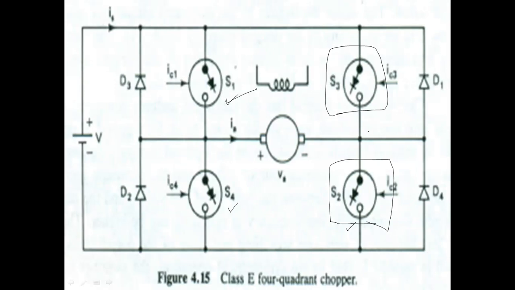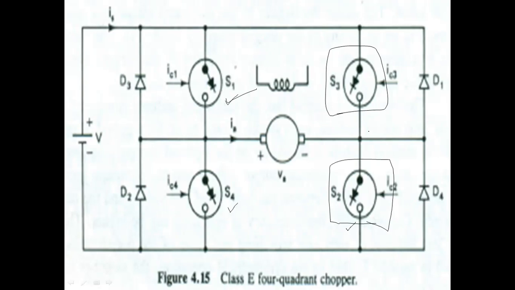Okay, so the minimum output voltage depends directly on the minimum time for which the switch is closed. What is the minimum output voltage? It depends directly on the minimum time for which the switch is closed. Because we always put a restriction on the minimum time for which the switch will be closed, particularly in thyristor choppers.